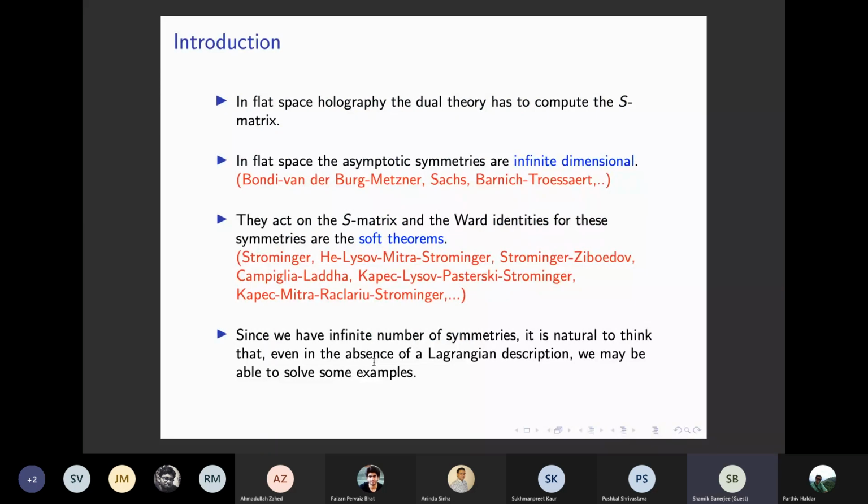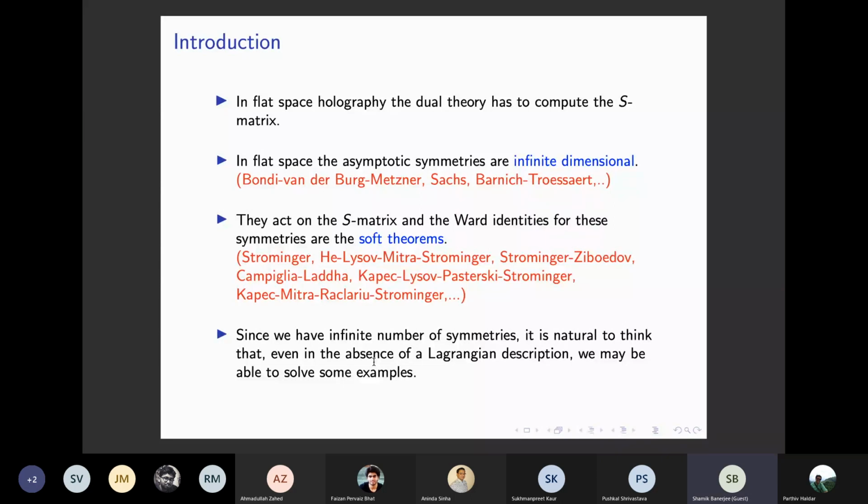Okay, so the thing is that in flat space holography, the dual field theory has to compute the S matrix. Now in flat space, the asymptotic symmetries are infinite dimensional, and they act on the S matrix, and the Ward identities for these symmetries are the soft theorems.